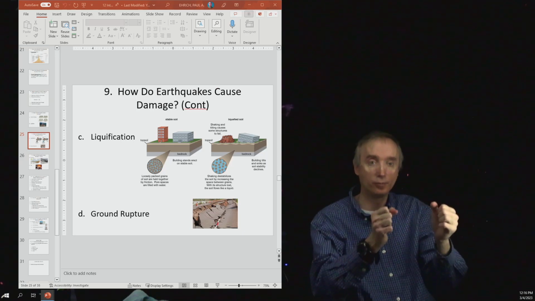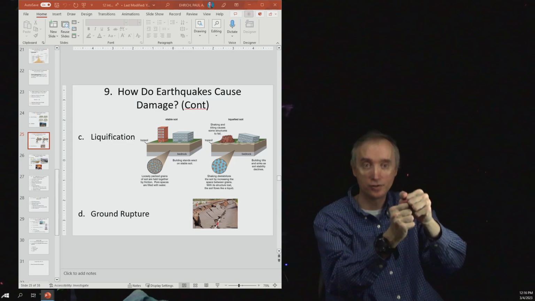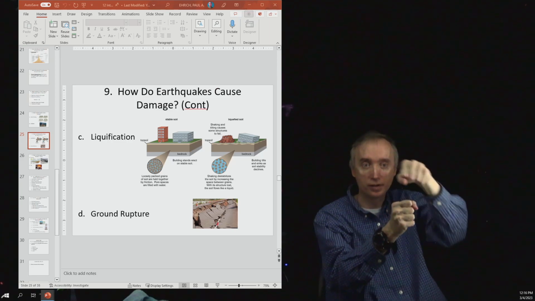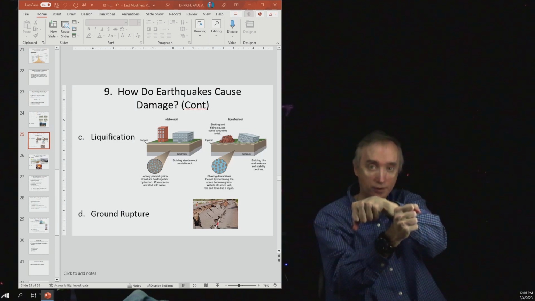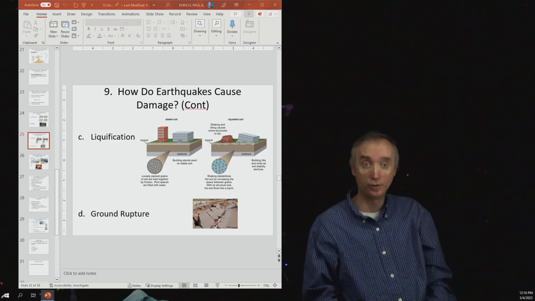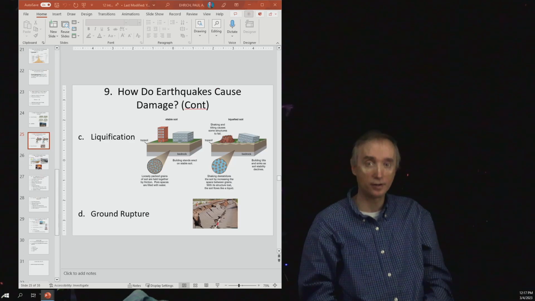Instead of the soil particles sticking to each other and holding together as a rigid solid, when it's got water in it, those particles can flow over the tops of each other, and the ground actually turns into a liquid, even though it's made of soil. You can see in the picture there what it did to a building. Buildings can actually sink down into the ground as a result of this liquefaction.